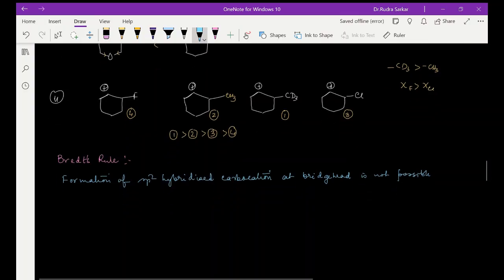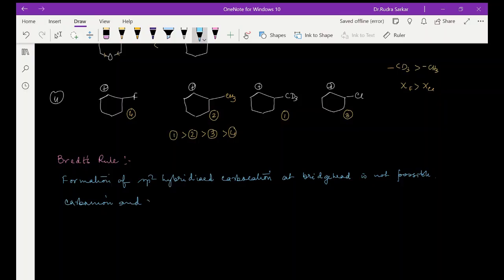And why so? Because of the angle strain. So not only is it applicable for a carbocation but also for carbanion and radicals, or even a double bond.